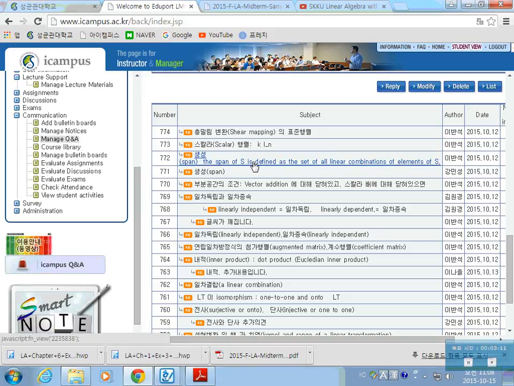The span of S is defined as the set of all linear combinations of elements in S.